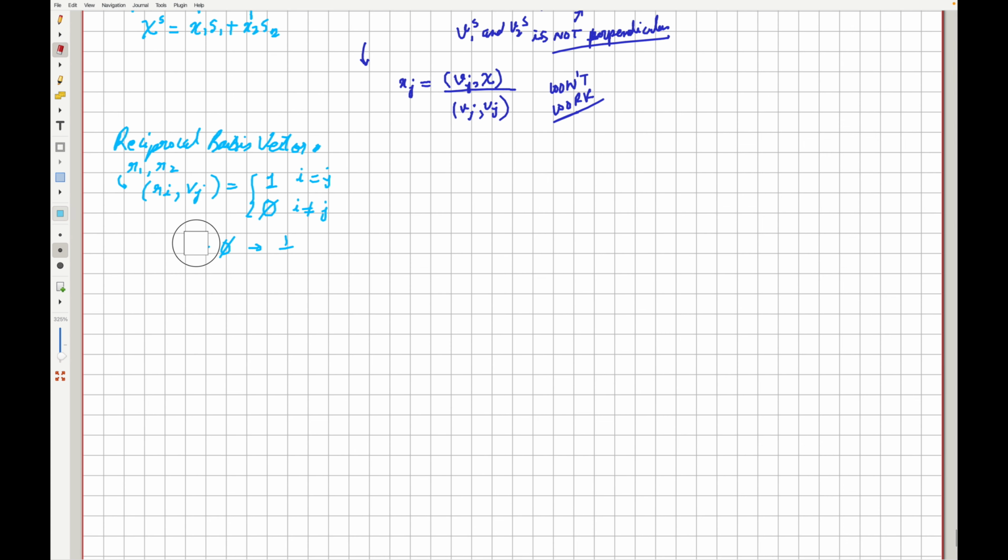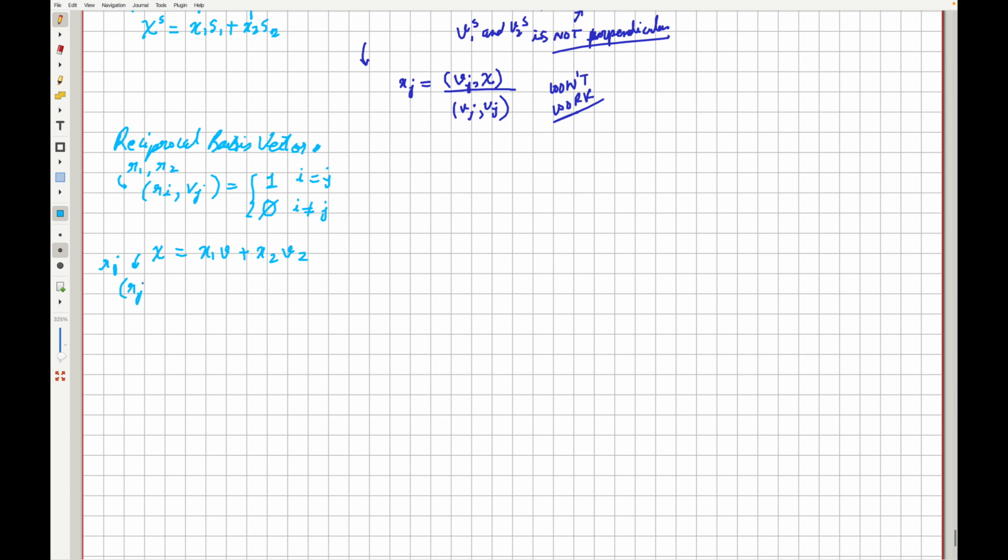And so with this idea, we can now take our equation, x is equal to x1 v1 plus x2 v2. Now what we do is dot this with r of j.